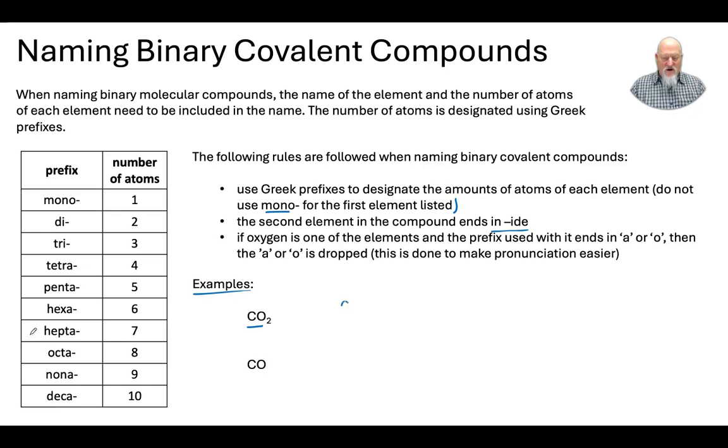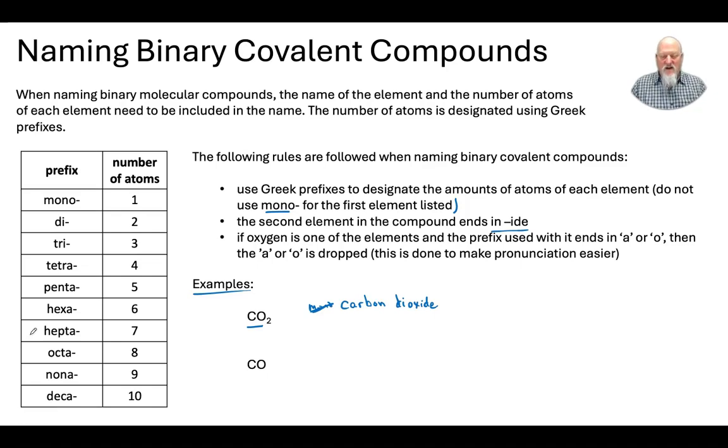So we just say carbon. By our rules, we'd want to do mono, but it's the first element, so we don't do mono. So carbon, and then 2 oxygens. 2 is dioxide. So CO2 is carbon dioxide.